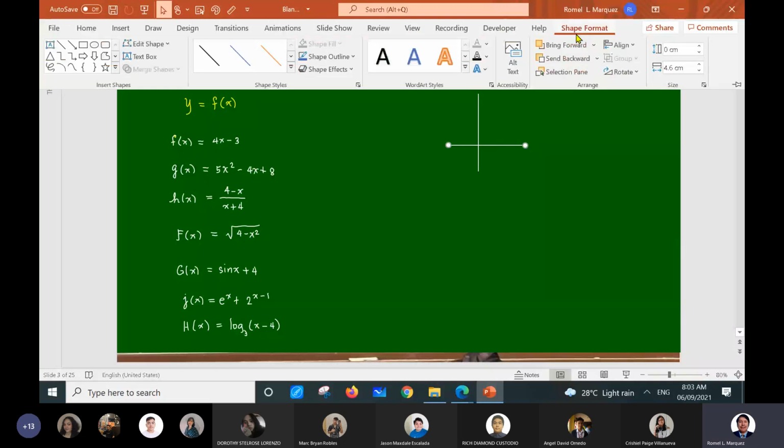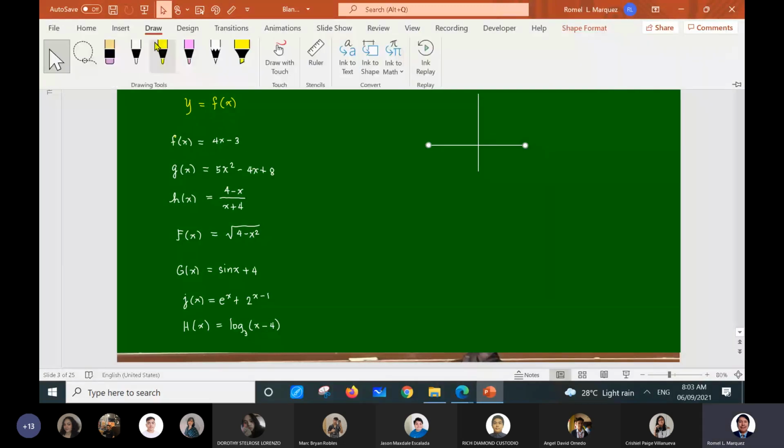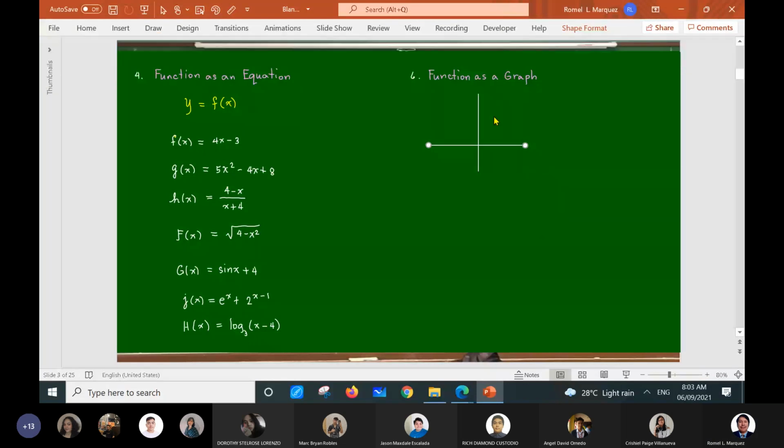I can have a graph like this. This is the graph of a function, a sample one.